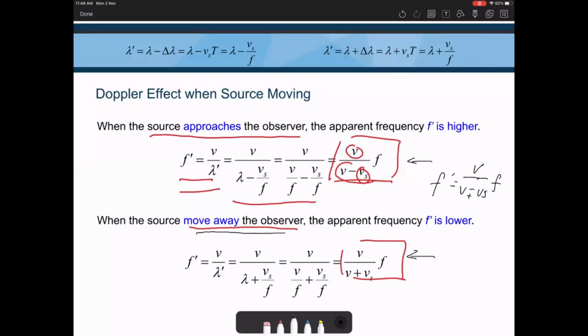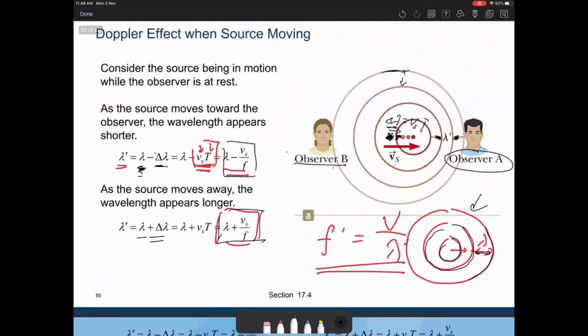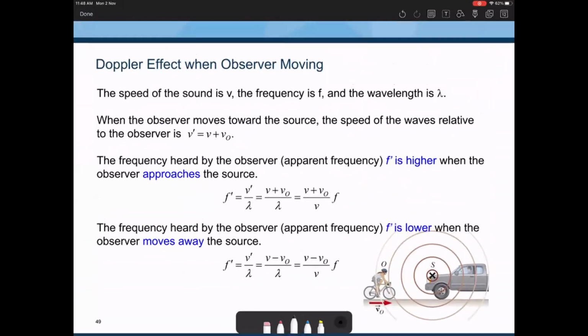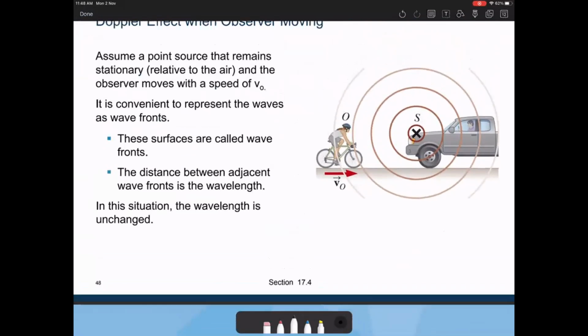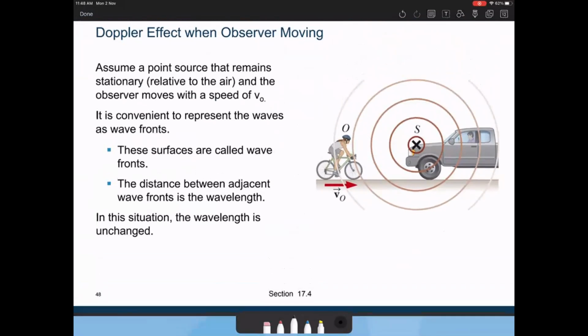Okay, we talk about the source moving. What about the source stationary, but the observer moving? For the case of the observer moving, there would not be any change of wavelength.